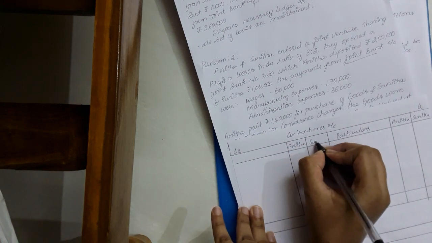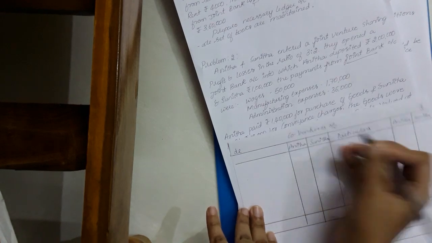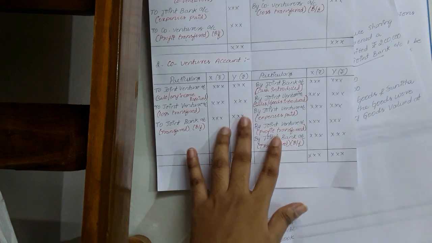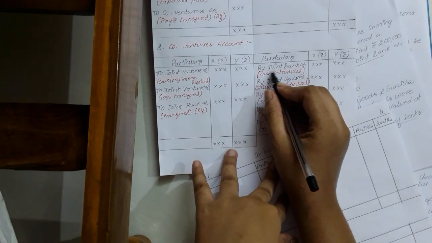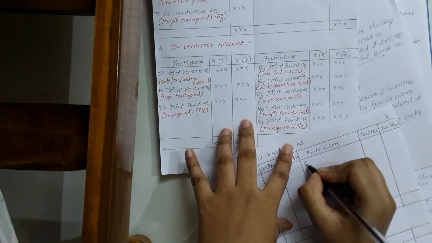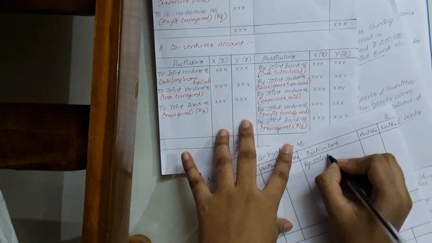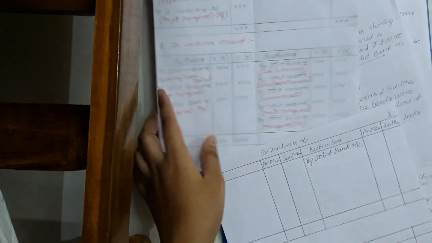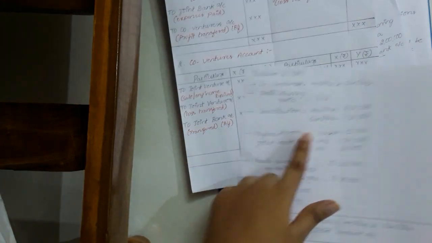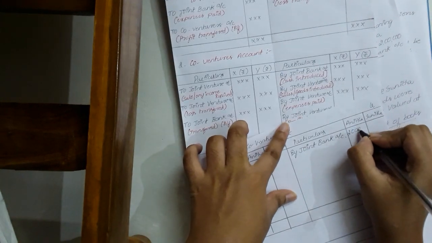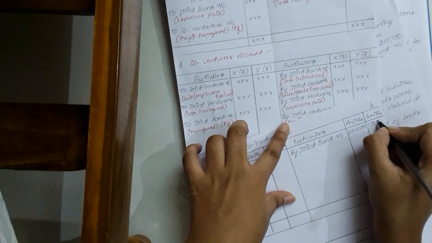So what do we have on the credit side of the co-venturers account? First is by joint bank account, cash introduced by the co-venturers. Any cash that has been introduced by the co-venturers we need to record here. So what is the cash contributed? Anita 2 lakh rupees, Sunita 1 lakh rupees.